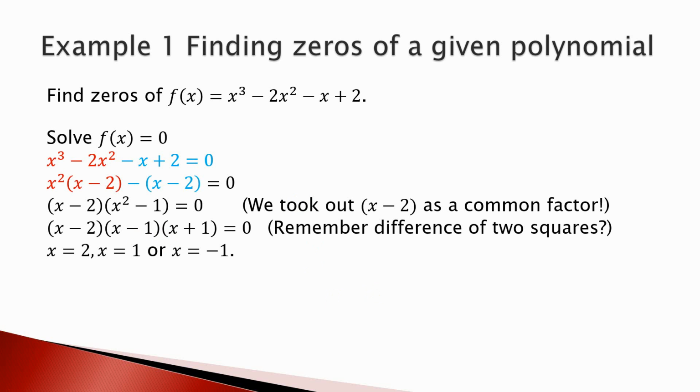So this function has three real zeros, which means three distinct x-intercepts. So the function intersects the x-axis at three different locations. Okay.